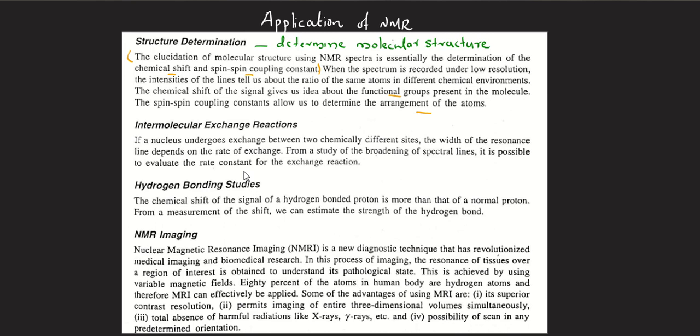Then the next application is hydrogen bonding studies. If you observe the chemical shift, delta, the chemical shift of a hydrogen bonded proton is more than the delta of a normal proton.